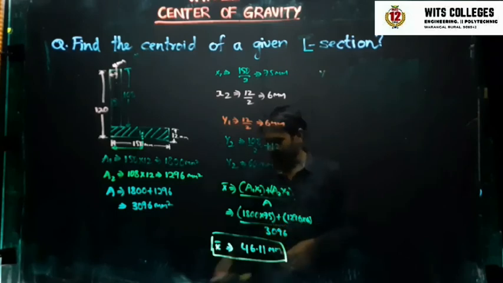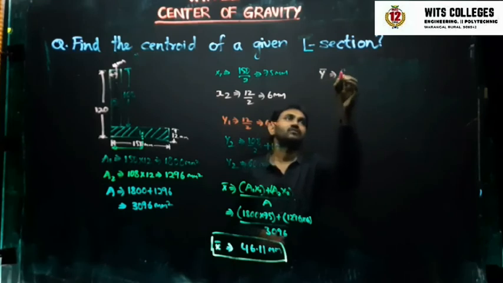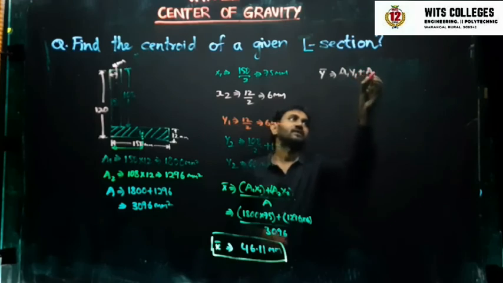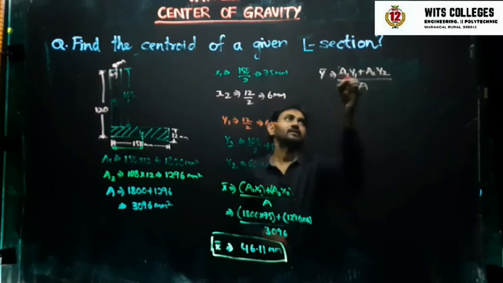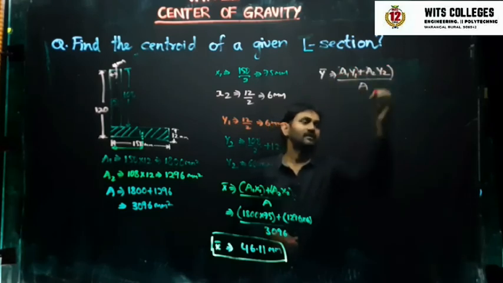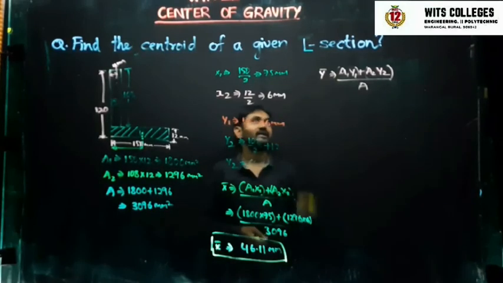Similarly, I have to calculate y bar also. What is y bar? y bar equal to the same formula, A1 y1 plus A2 y2 by capital A. Now you have to calculate the y bar value.